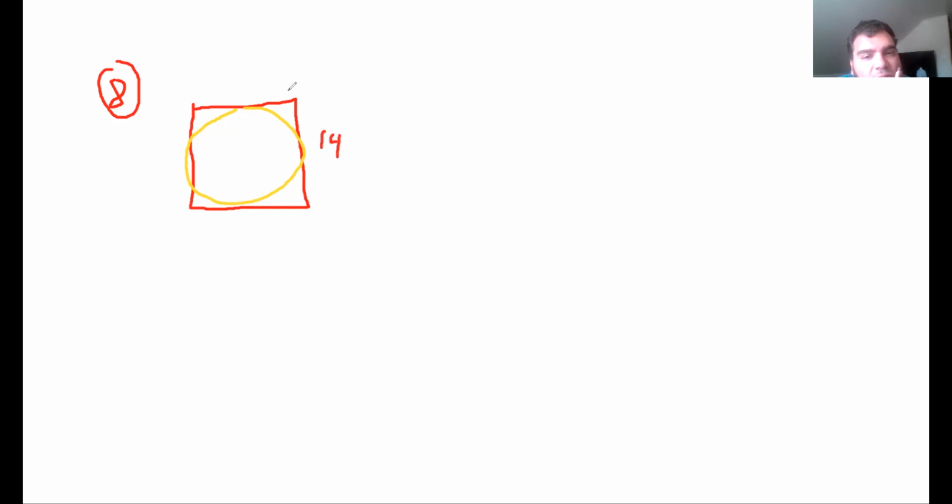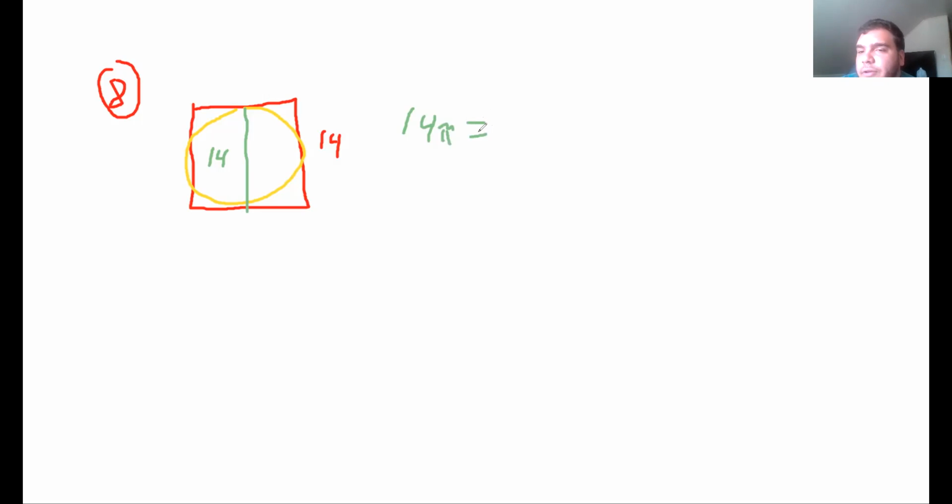then you could take the line from one edge of the circle to the other. So one edge of the circle to the other right here should also be 14. So Jason, is that the diameter or the radius I just drew? Diameter. Good. So then if it's the diameter, all we do is 14 times pi, which is some number.